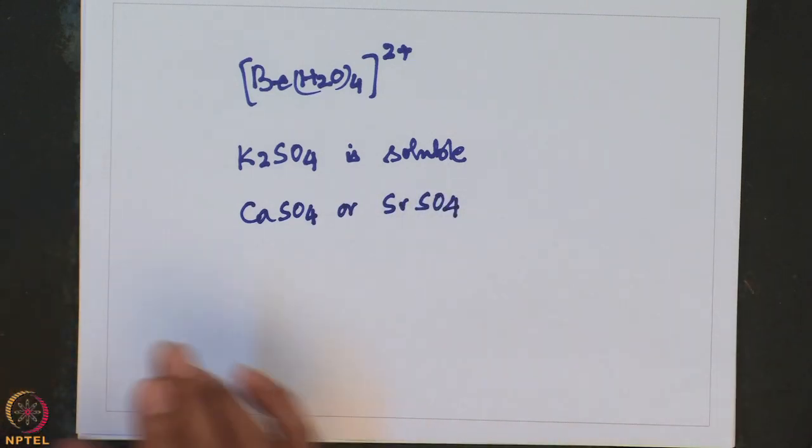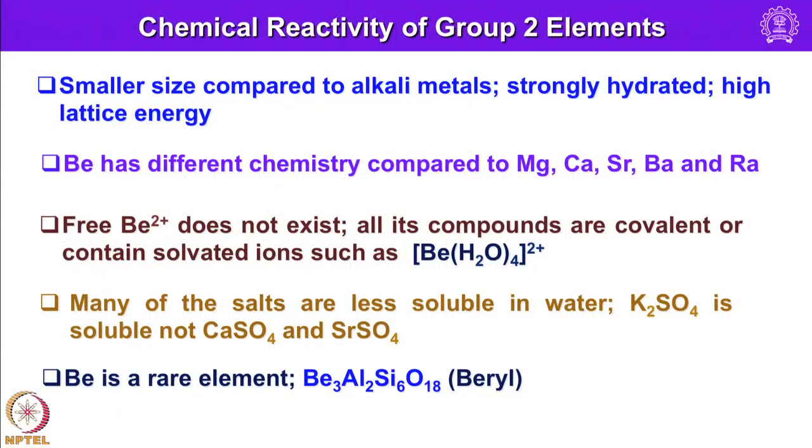In fact, the trend increases down the group. In fact, most of the barium salts are insoluble, and beryllium is a rare element, and its important ore or source is beryl, Be3Al2Si6O18.